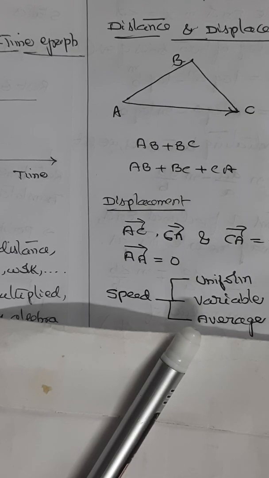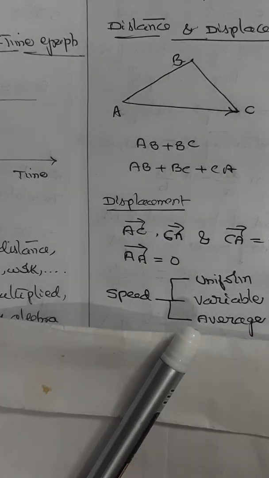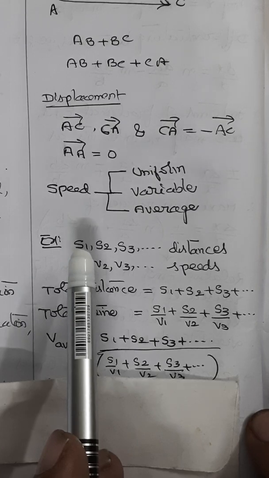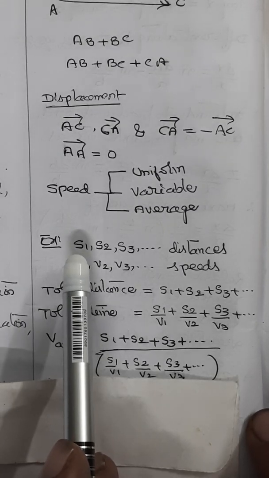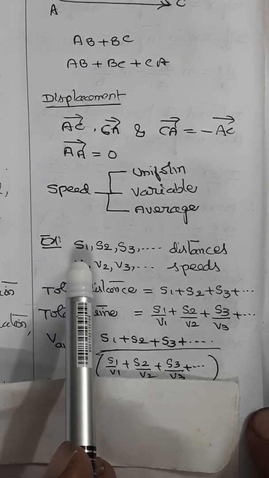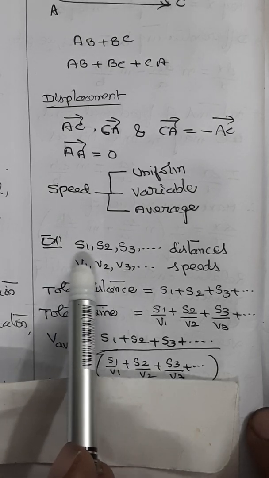So average speed for a given motion can be defined as the ratio of total distance travelled by the object to the total time taken by it. For example, generally distance is denoted by the symbol s, and velocity or speed by the alphabet v.